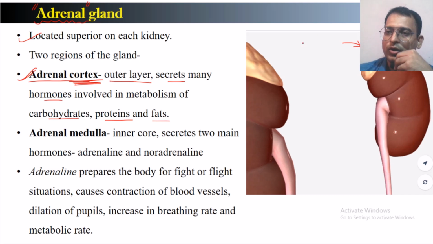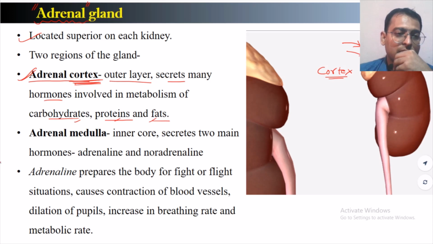So this outermost visible part is known as the cortex. And what does it do? It secretes the hormones that are important for the metabolism of carbohydrates, proteins and fats.